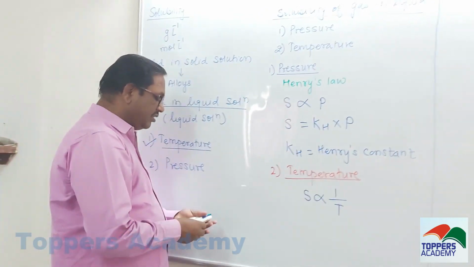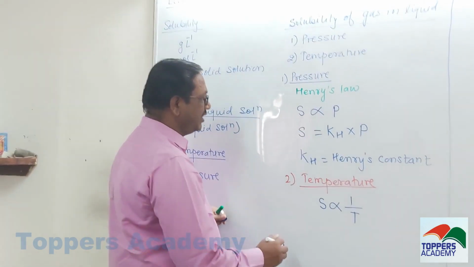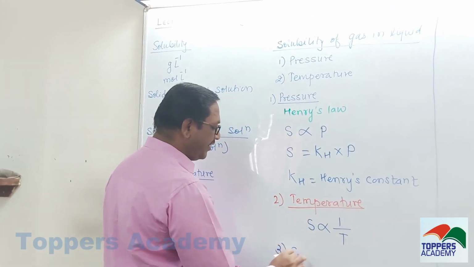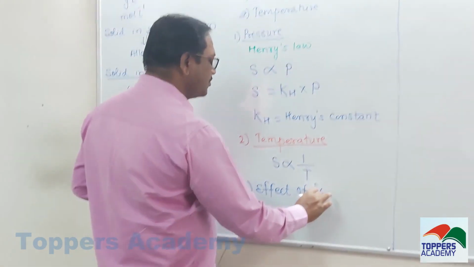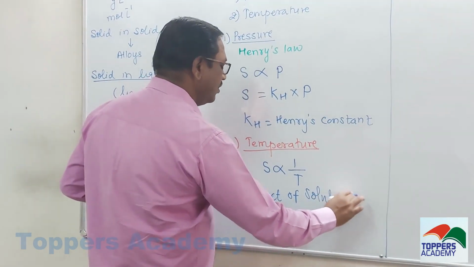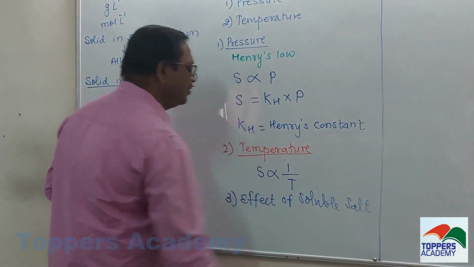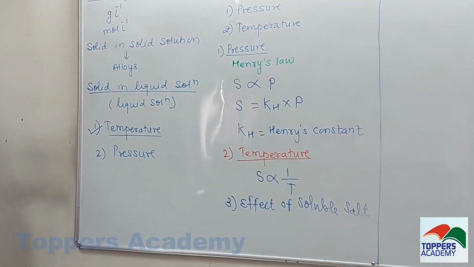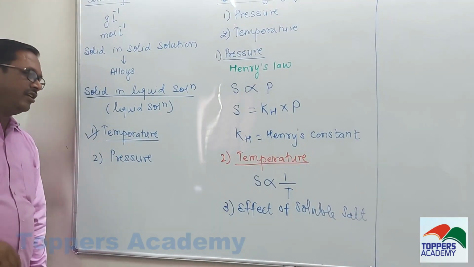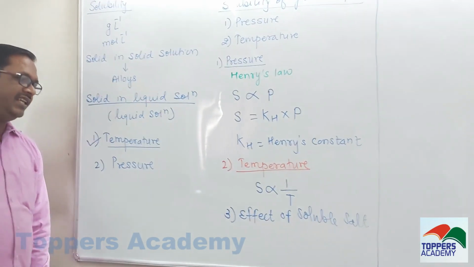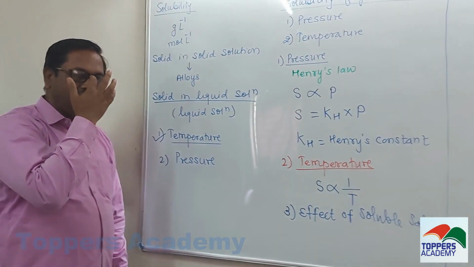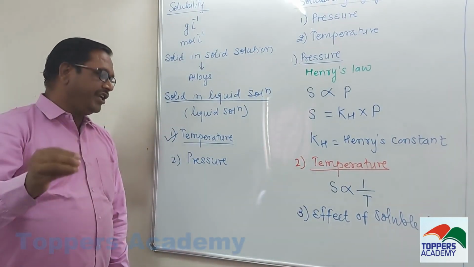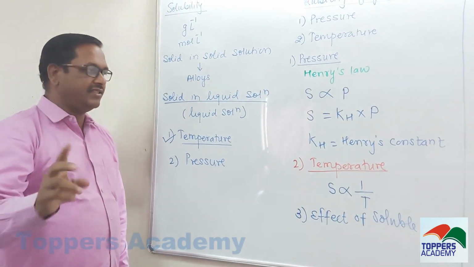And the third effect is the effect of soluble salt. Now see, if in a solution or in a liquid certain salts are already dissolved, then the solubility of gas in liquid decreases. Remember this point.